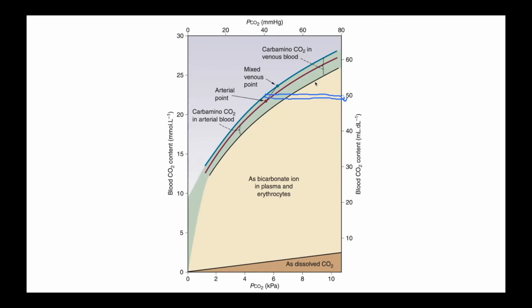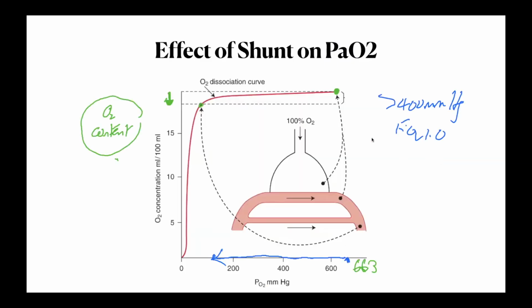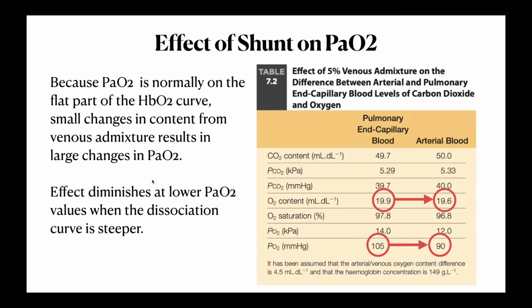From here to here, because of the steepness of the curve, it will only cause a small change in your CO2, just because of how steep that curve is compared to the hemoglobin oxygen dissociation curve, where you're on the flat part of the curve, where small changes lead to big changes in the partial pressure. And as I said in this paragraph here, the effect diminishes at lower partial pressures of oxygen when the dissociation curve is steeper.